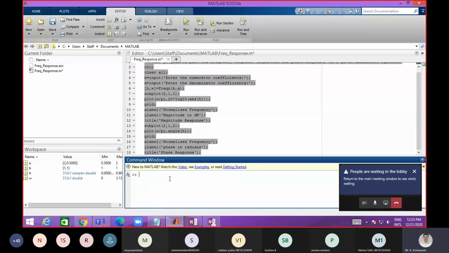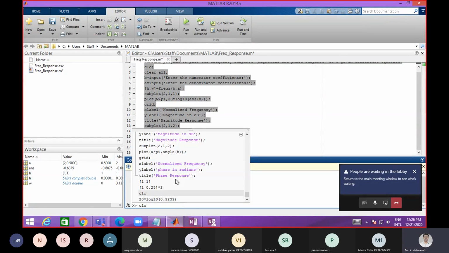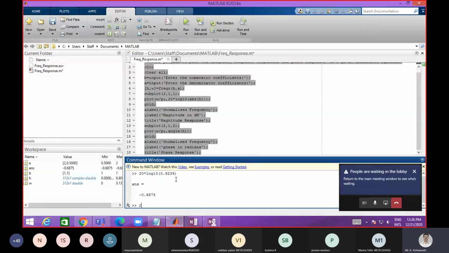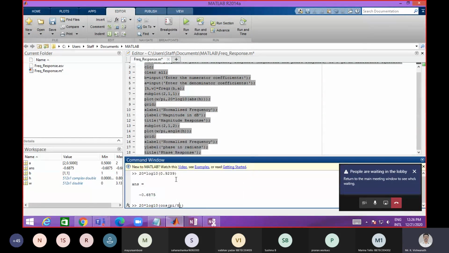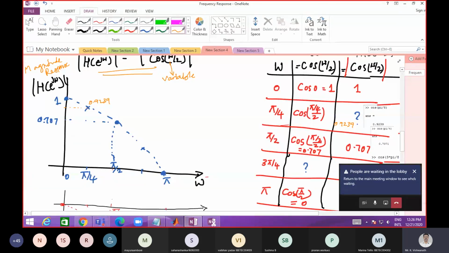We can take 20 log of cos pi by 8 directly. So that is minus 0.6877.